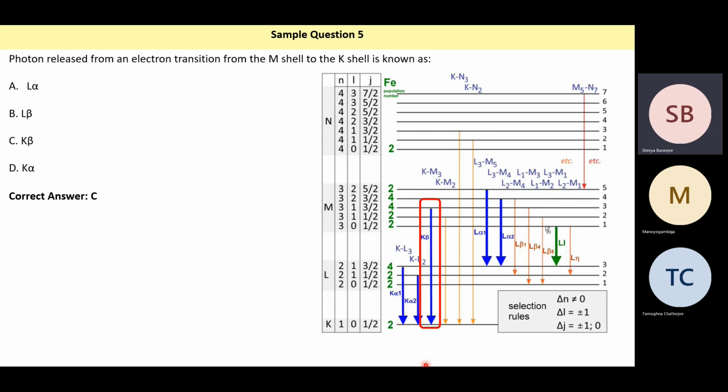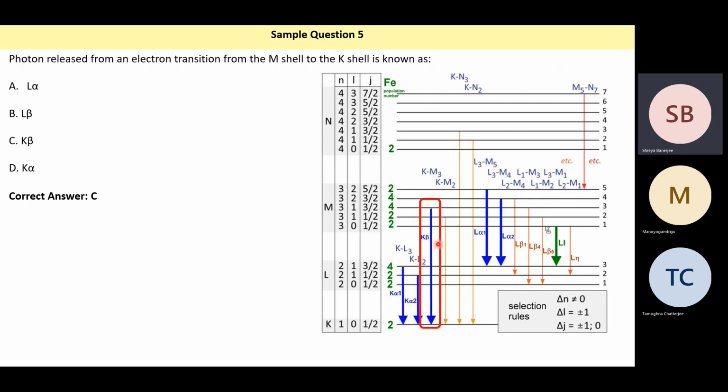The way this is named is that the first letter comes from the shell that the electron finally goes to. So if your transition is to the K shell, it begins with K. If it is from L, the shell directly after K, then it is alpha. If it is from M, that is K, L, then M, then it is beta.